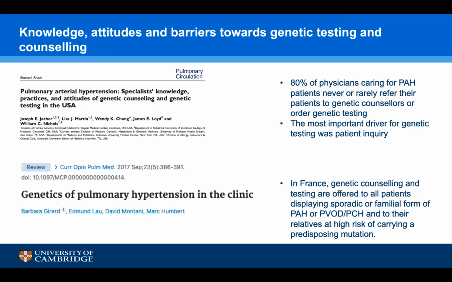This is mainly because of insurance issues. But the most important driver for genetic testing in that setting was patient inquiry. A totally different situation is in Europe, where healthcare is nationally funded. For example, in France, genetic testing is offered to all patients with pulmonary arterial hypertension, PVOD, and PCH, and also to their immediate family members who might be at risk.